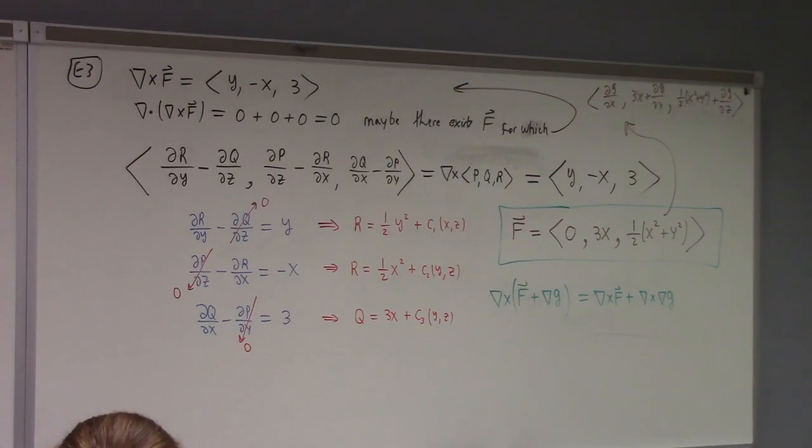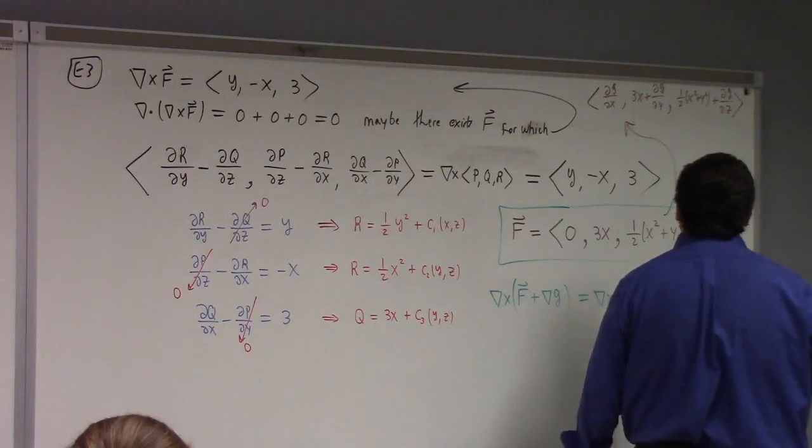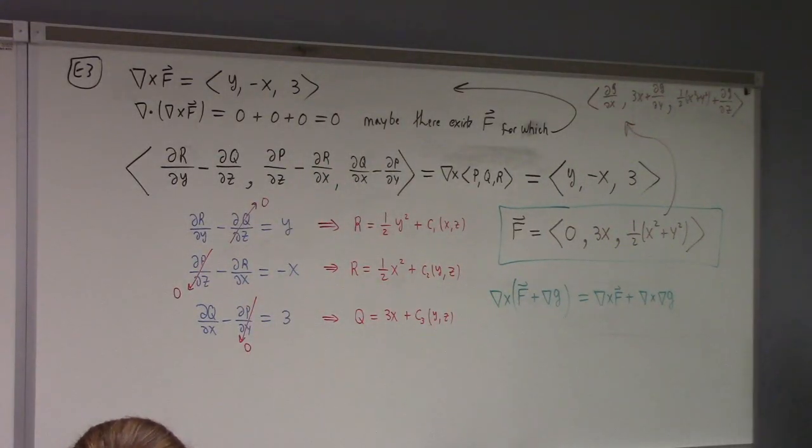Could you find a function g such that partial g partial x, 3x plus partial g partial y, and half x squared plus y squared partial g is equal to the same result that you would get if you set the other ones, partial r partial y, partial r partial x, and partial q partial x, equal to 0?